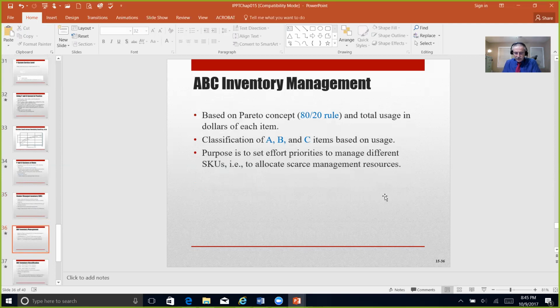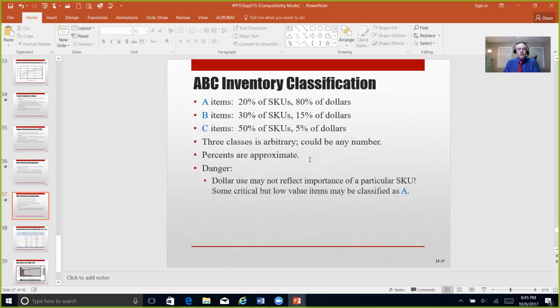So most of the dollar usage in inventory, 80%, is being closely controlled by 20% of what's in your inventory. And as a result of that, this is where they use a classification of A, B, and C based on usage. And based on that usage is where they're going to monitor the inventory cost.